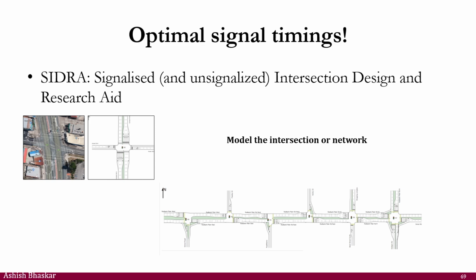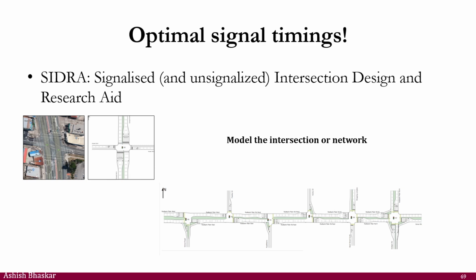With the help of this tool, it's a kind of simulation, but you are trying to optimize the signal timings in this simulation tool. You have an intersection. You know the intersection geometry, whether it is an existing intersection or one you are planning or designing. You also have to do the analysis whenever you are suggesting any improvement.